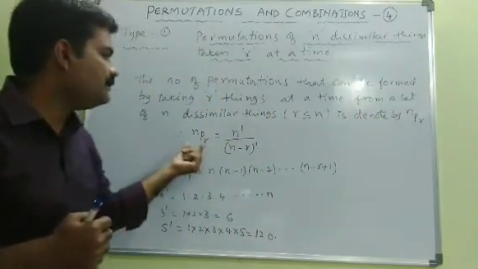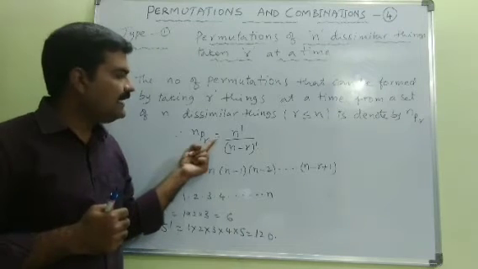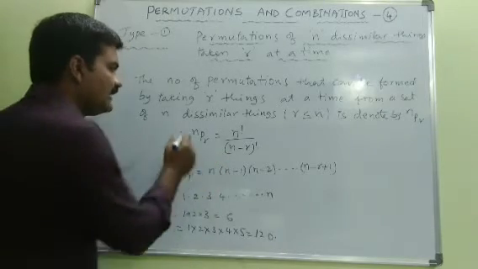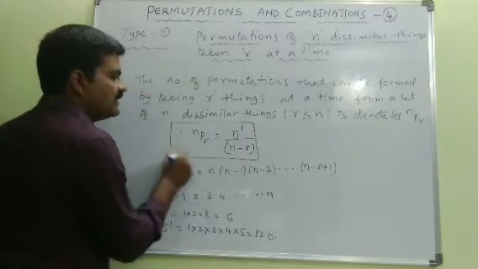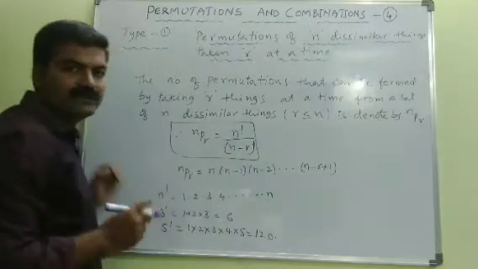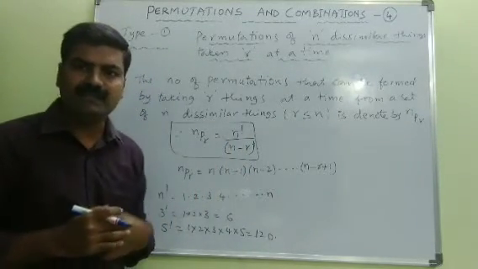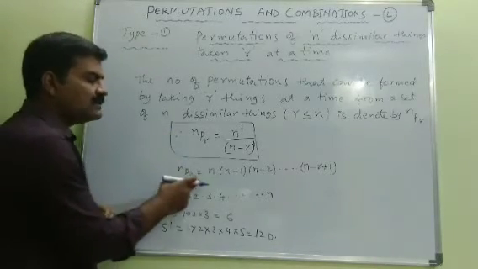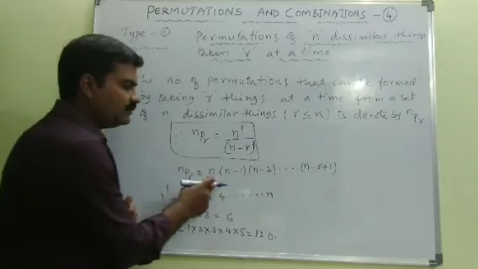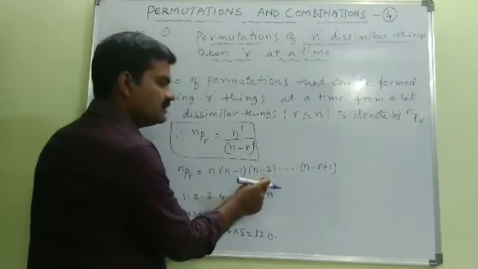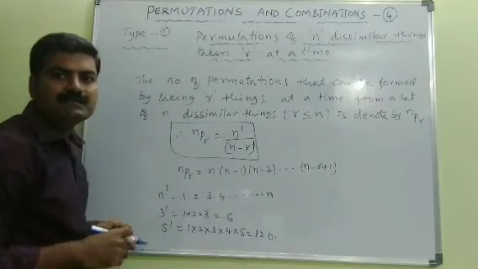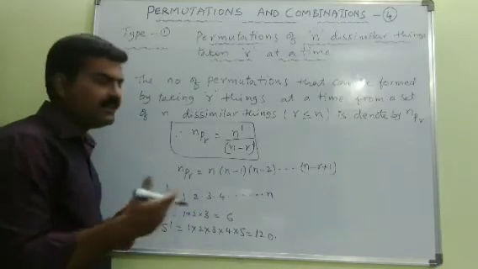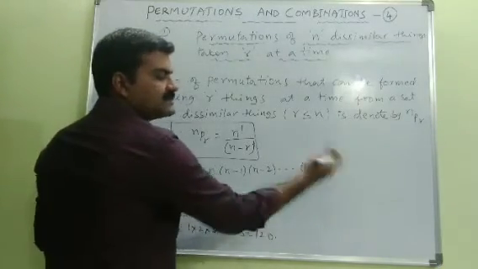The formula of nPr we can write as n factorial by (n minus r) whole factorial. We already discussed the proof of this in the last video. After simplification, we can also write nPr as n into (n minus 1) into (n minus 2) and so on up to (n minus r plus 1).